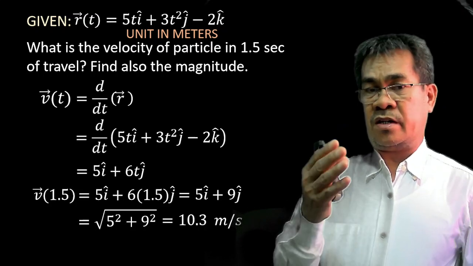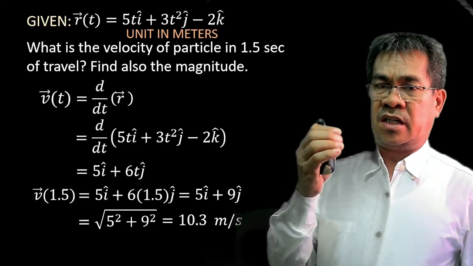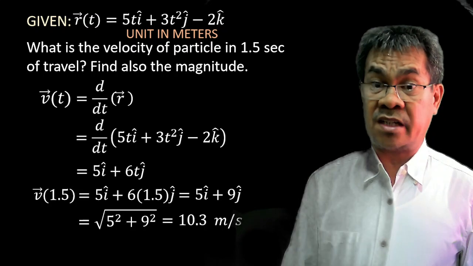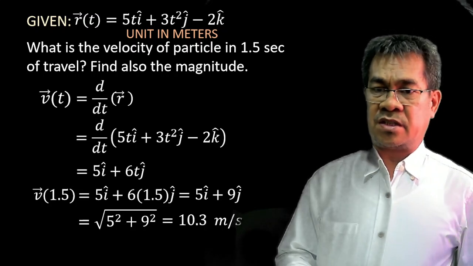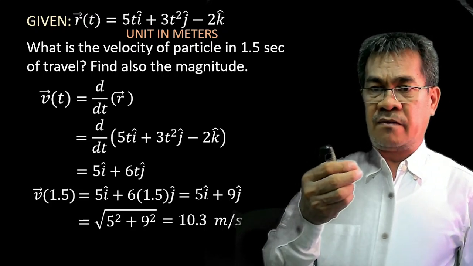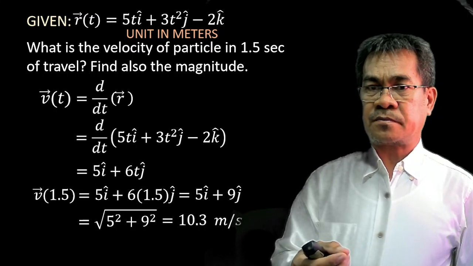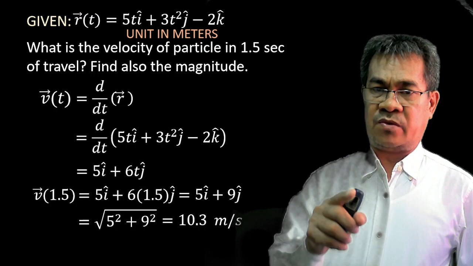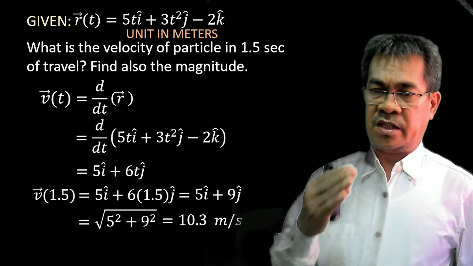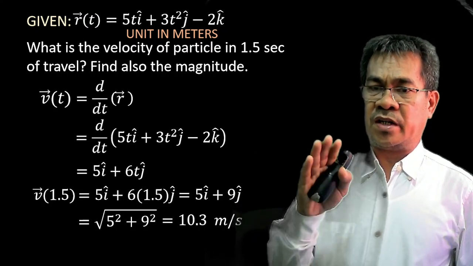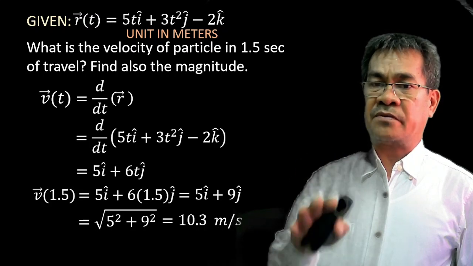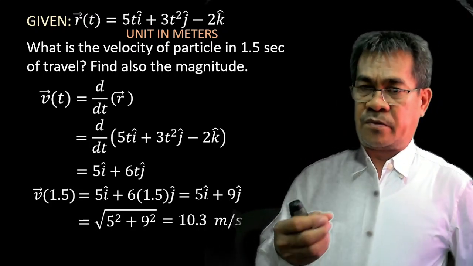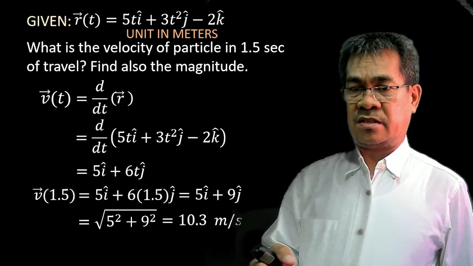So if there were a follow-up question, what is the instantaneous velocity at, let us say, 2.5 seconds, then substitute it into the instantaneous velocity 5i hat plus 6tj hat. So replace the t with 2.5. That's it, no? You can use it because that is the result after differentiating. Now differentiation provides the velocity.